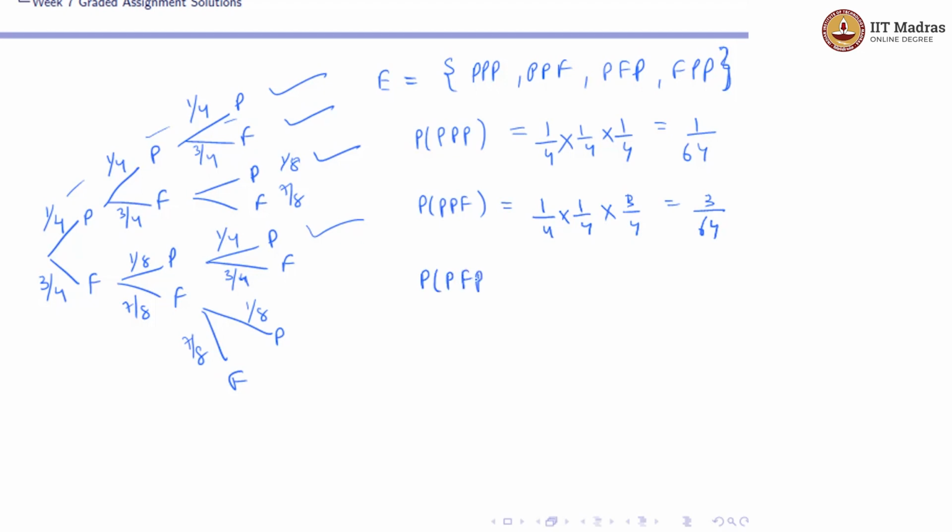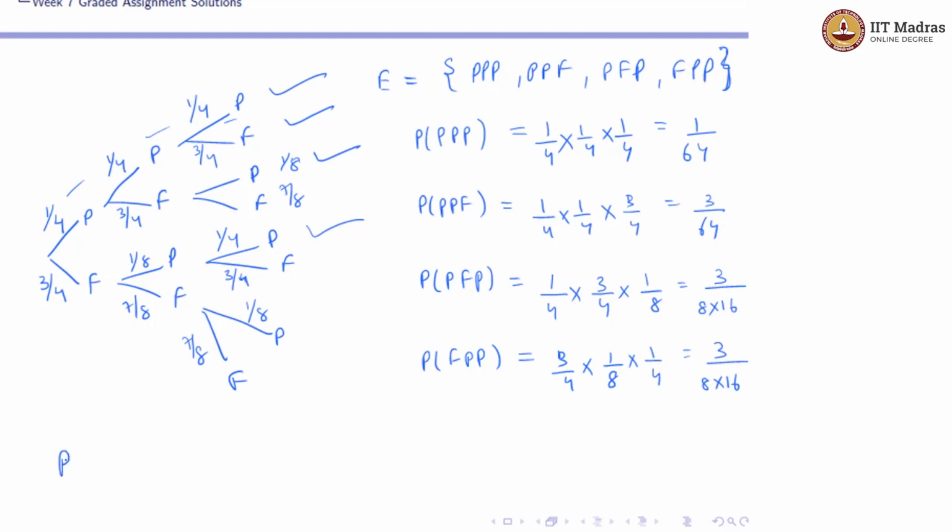Similarly, the probability of PFP is 1/4 into 3/4 into 1/8, that is 3/128. The probability of FPP is 3/4 into 1/8 into 1/4, that is 3/128. So the probability of him appearing in the qualifier exam is 1/64 plus 3/64 plus 3/128 plus 3/128. You can multiply it by 2.